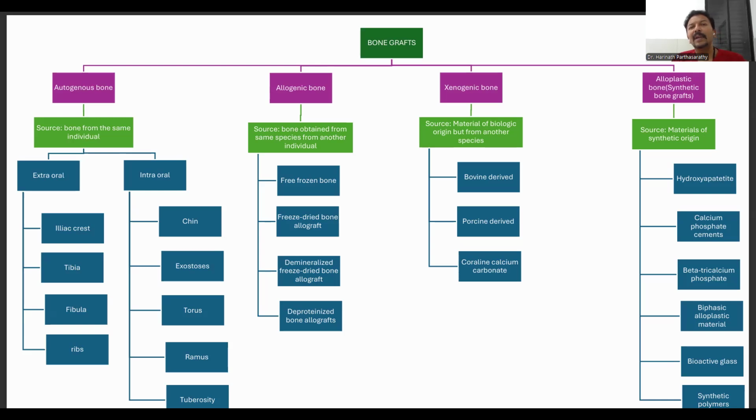Bovines are your cow and other sources. Porcine is pig origin, and corals are sea products, sea animals, and you can use the calcium carbonate, and these come from the category of xenogenic bone.